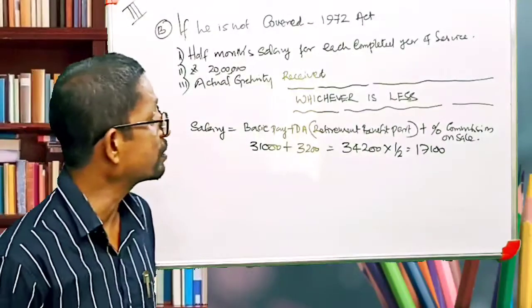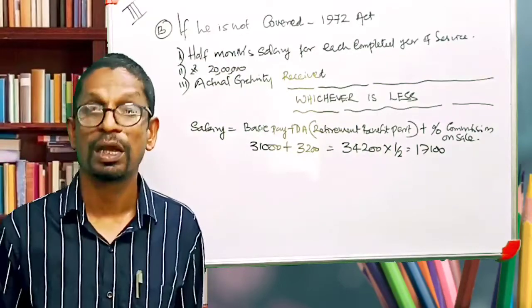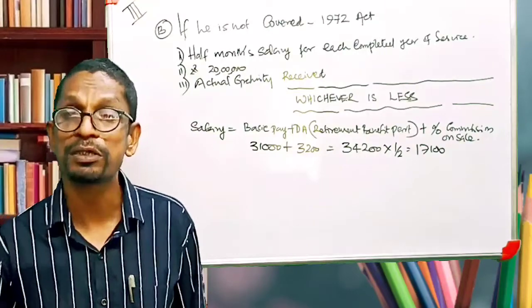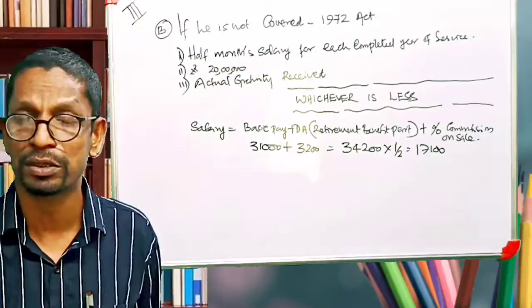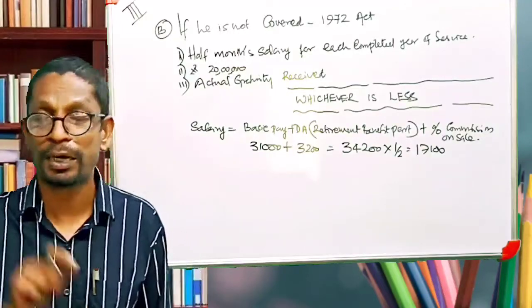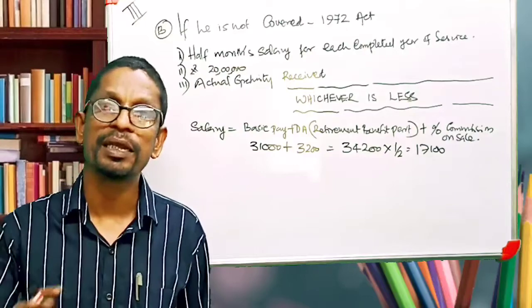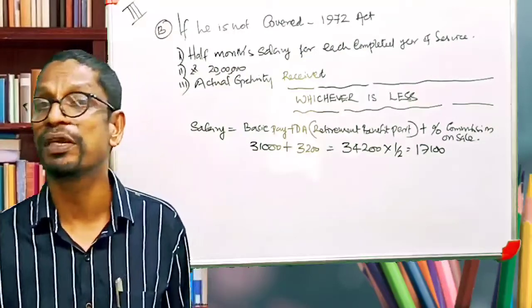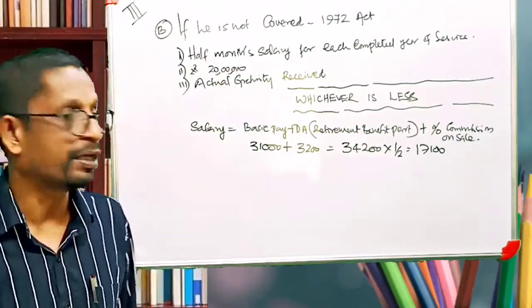So for determining the exempted part here, the half month salary for each completed year of service is 17,100. How many years did he complete? That means 32 years and 8 months. Here there is one partial year, that means 8 months. But we are taking only the exact number of years completed by him. That is only 32.